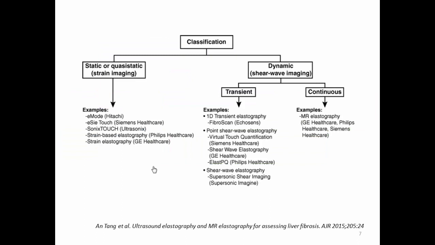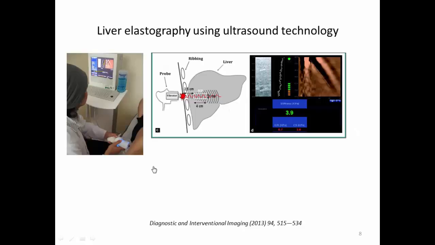In this slide, I would like to present that nearly all of the major vendors in the world producing ultrasound machines have provided either strain or shear wave elastography on their high-end versions of ultrasound machines.